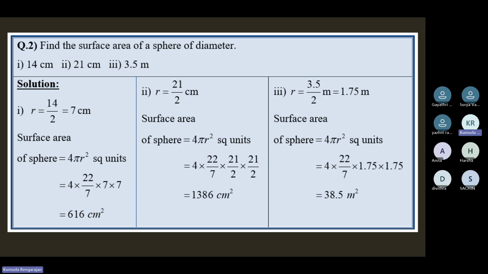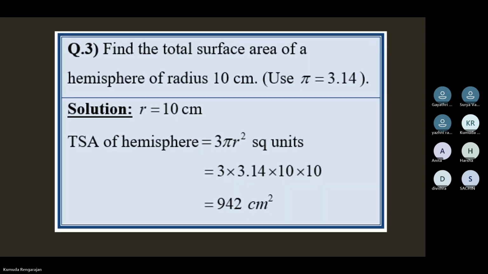Surface area of sphere formula, 4 pi r square. TSA of hemisphere formula, 3 pi r square. Hemisphere, TSA, 3 pi r square. Pi is 3.14. 3 into 3.14 into 10 into 10.